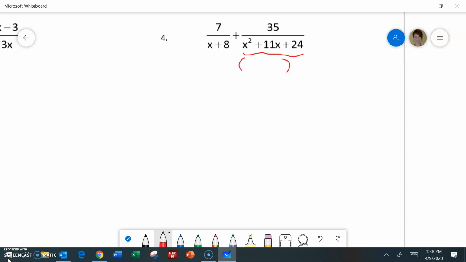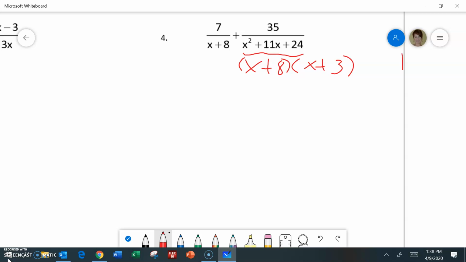And by now, a lot of you are really good at factoring. So what multiplies together to give me 24 and adds to give me 11? Well, that would be a positive 8 and a positive 3. Now, it is no coincidence, y'all, that this second fraction right here has an x plus 8 binomial and the first one does.